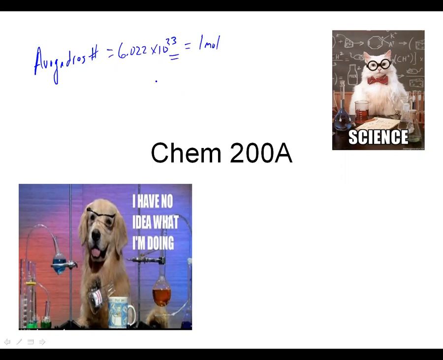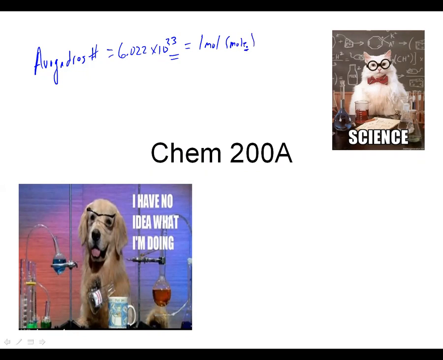They can be atoms if we're talking about atoms, or molecules if we're talking about molecules. So the actual units that go with that 6.022 times 10 to the 23 can change depending on the application, but that is essentially what 1 mole of something equals. And remember that this is the abbreviation for moles, not molecules.